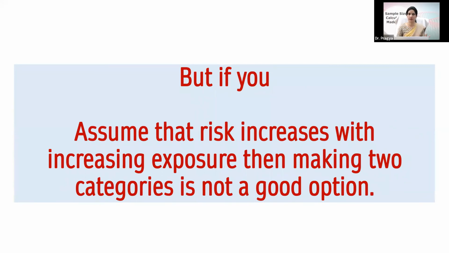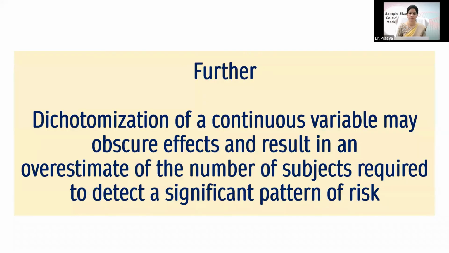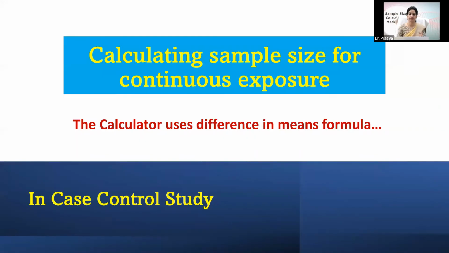Because you are thinking that risk is increasing with increasing exposure, it is not good practice to make a category. And again, we know that dichotomization will obscure the effect, and it will result in an overestimate of the sample size. So let us see with this example.